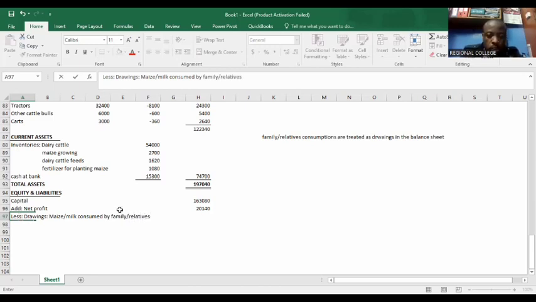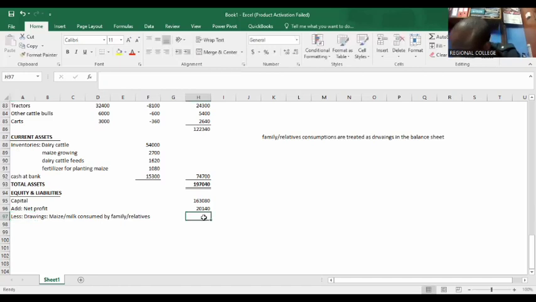The total, I have already seen there is a total there. If you're not given, the total is 5,400. So I'll subtract 5,400. So how much is remaining here?